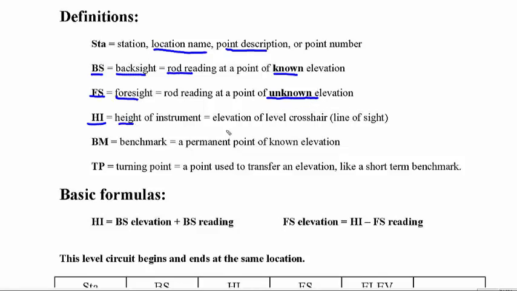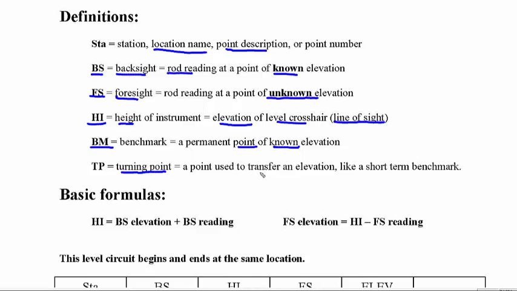HI stands for height of instrument, and height in this context means the elevation of your line of sight, and that line of sight coincides with the level crosshair. We start our bench circuits from benchmarks, and a benchmark is a permanent point of known elevation. Now, we need some temporary reference points along the way, and we typically call those turning points.